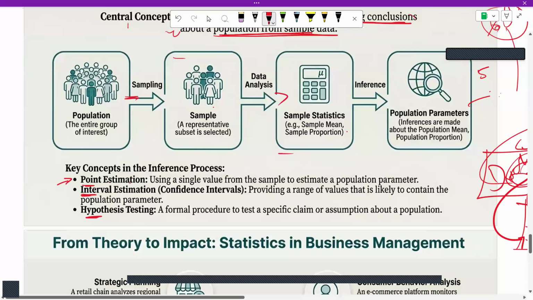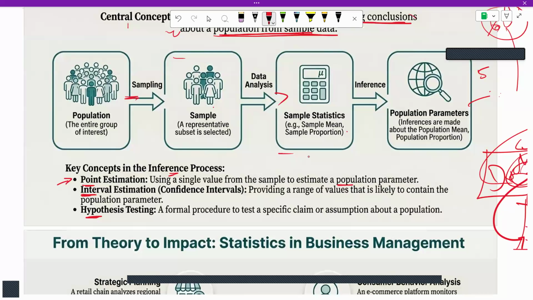Point estimation: using a single value from a sample to estimate the population parameter. So when I ask somebody among you, not about the inferences, just a general question. In an IQ test, what could be your score?